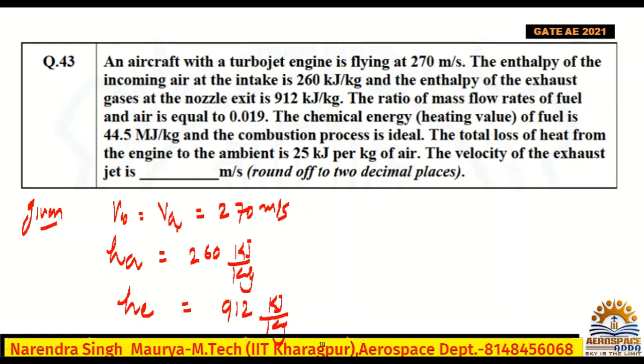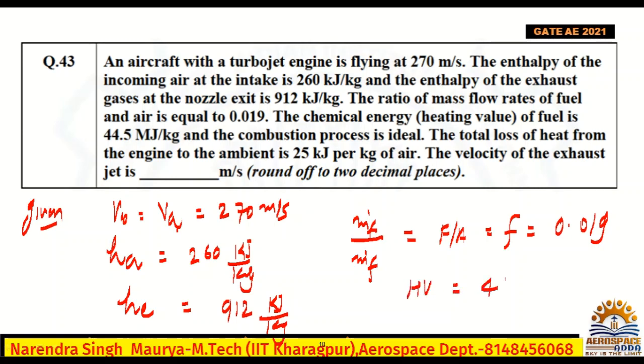The ratio of mass flow rates of fuel and air, m dot f, which is also called fuel to air ratio, is 0.019. The chemical energy of the fuel, that is called the heating value, HV, is 44.5 megajoule per kg.